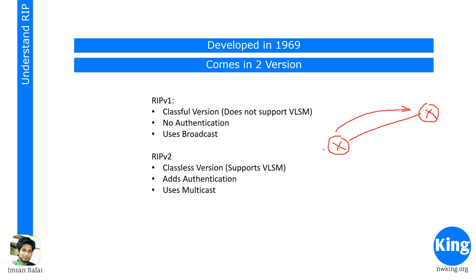So let's say this is connected to the 10 dot network, and this is the 20 dot network, and this guy is connected to the 30 dot network. If RIP is enabled on both these devices, this device, let's call it router 1, and this is router 2.